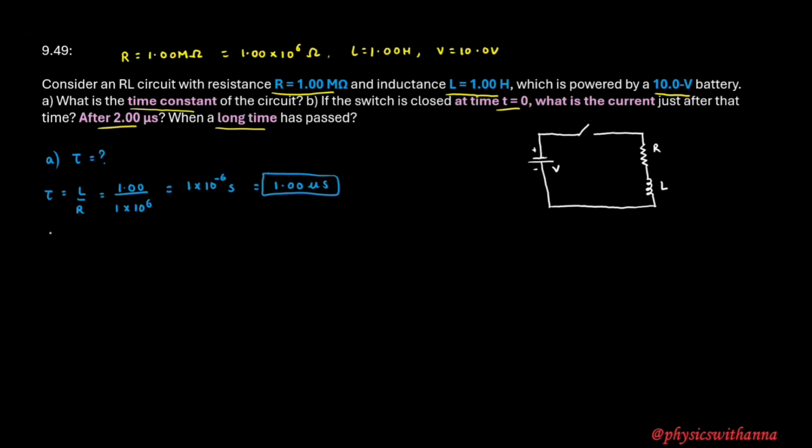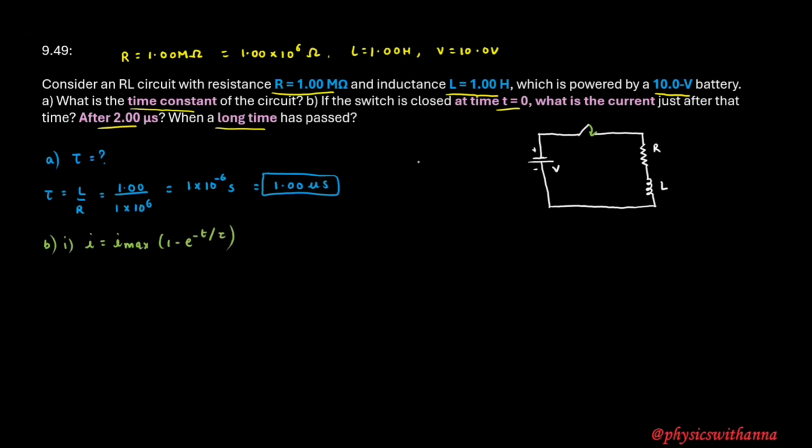Then in part B, we need to find, if the switch is closed, that means if I close the switch, what will be the current through the circuit at time t equals 0? So this is the first part of part B. Now the current I is given as I max times 1 minus e to the power negative t by tau.